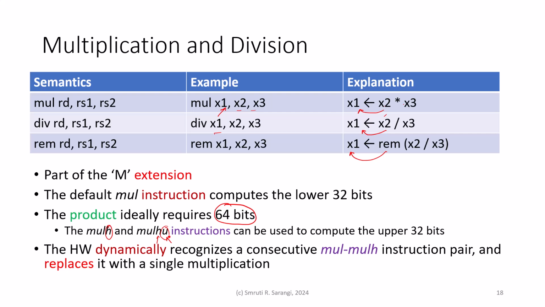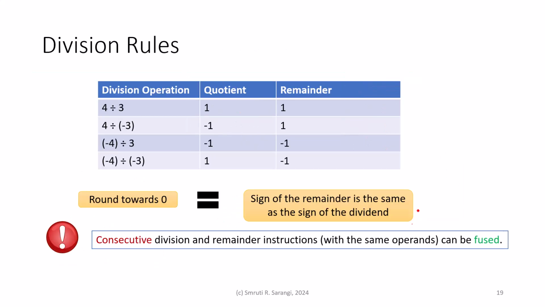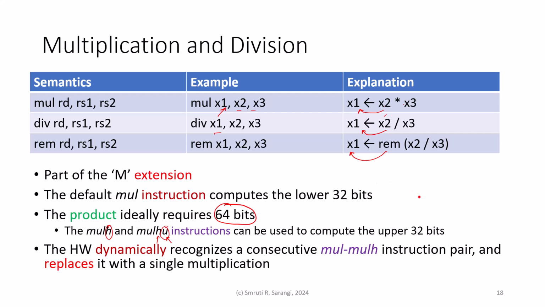So you multiply them and then this instruction can be used to compute the upper 32 bits. When the upper 32 bits are computed, we would obviously need a different instruction, which is mul-h or mul-hu, depending upon whether we are doing regular multiplication or unsigned.